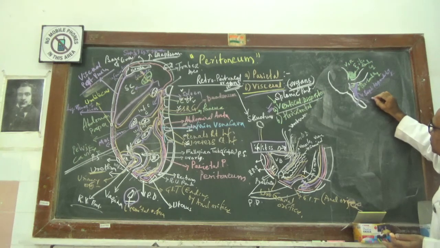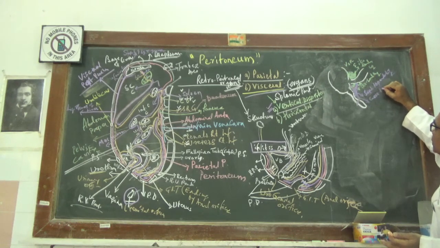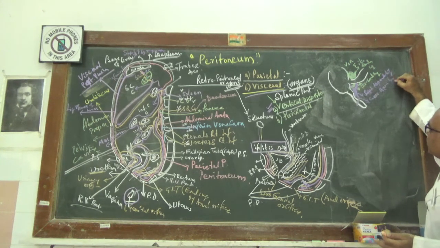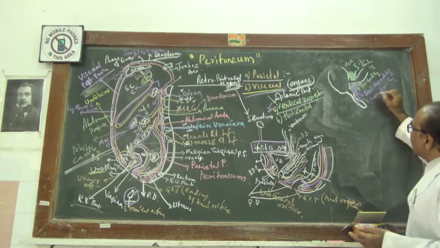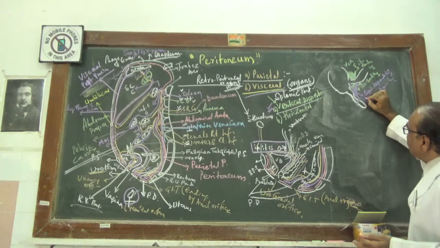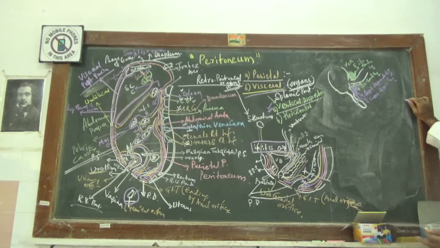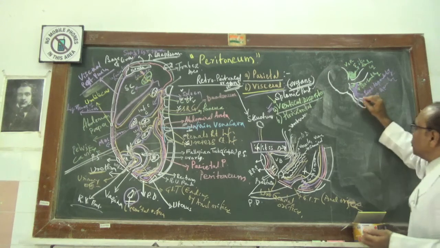This is called the cecoappendicular ligament. Superiorly, it is called the superior cecoappendicular ligament, a vertical disposition.